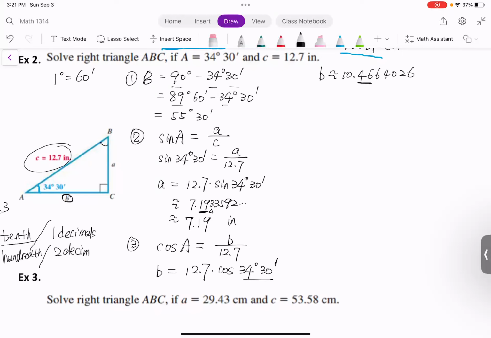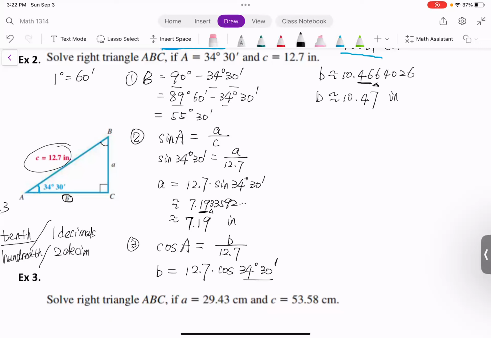If I round to 2 decimal places, I have 10.47 inches, because the digit after 6 is greater than or equal to 5. So I need to add 1 to my hundredths digit.